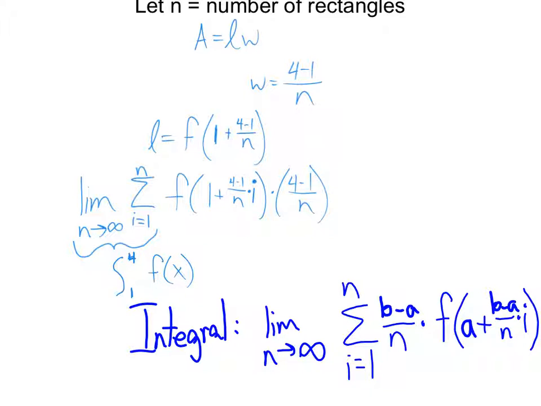That's the width of each rectangle. Well, instead of writing it like that, we write it as dx. So when we take an integral, we're really just taking the limit of a sum of the area of rectangles. The height times the width. F of x times dx. Alright, that's all that is.